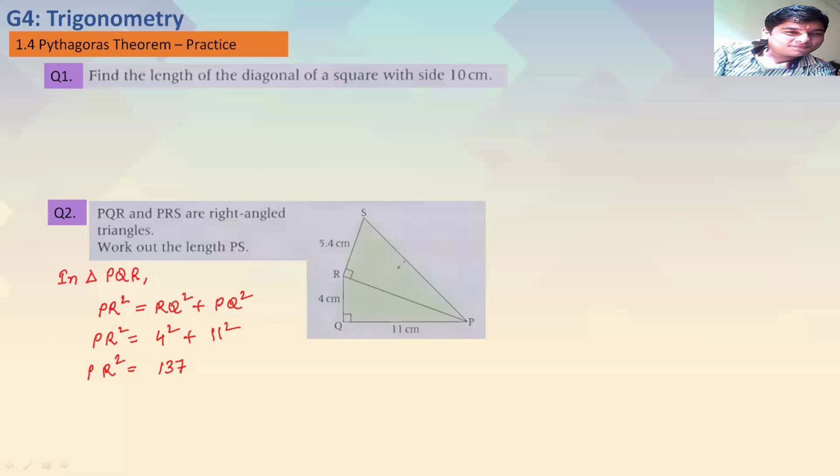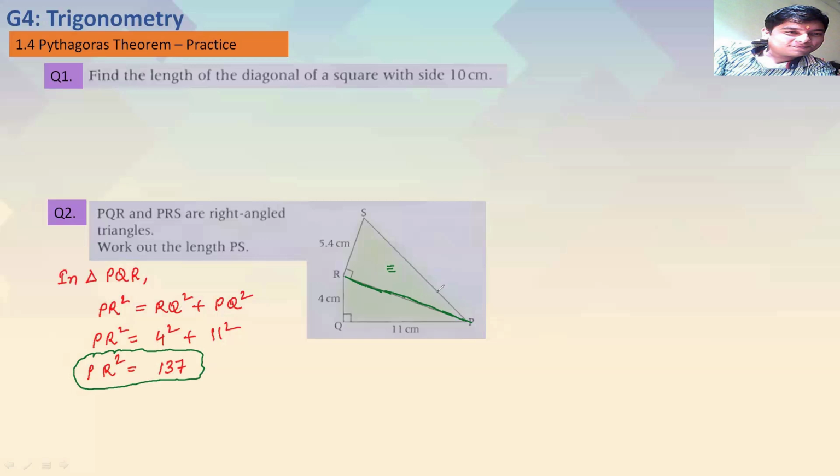Look, we will again be using Pythagorean theorem in this, and we'll be having PR squared in that theorem. So there is no need at all to find out the square root right here. We'll find the square root towards the final step.